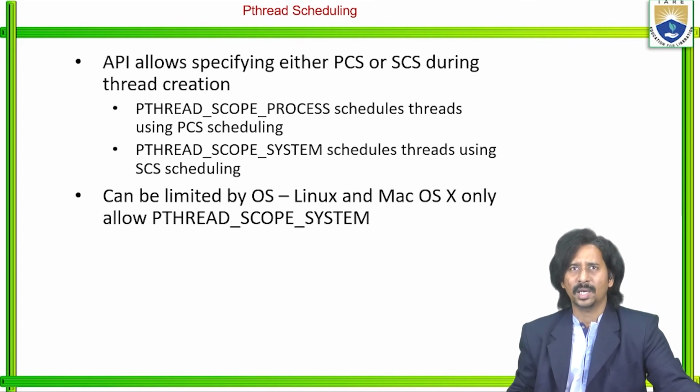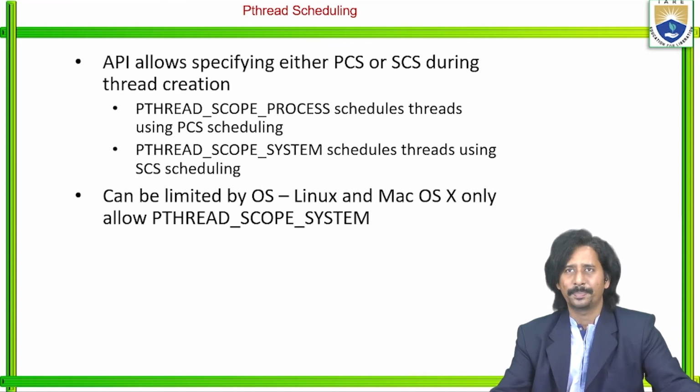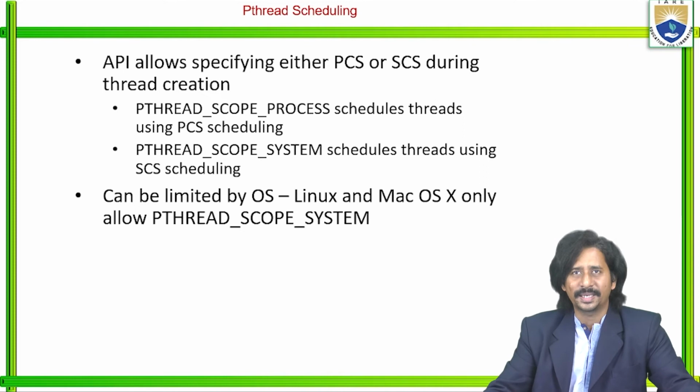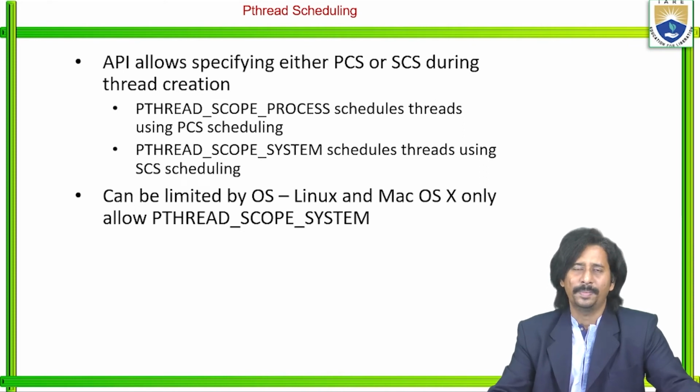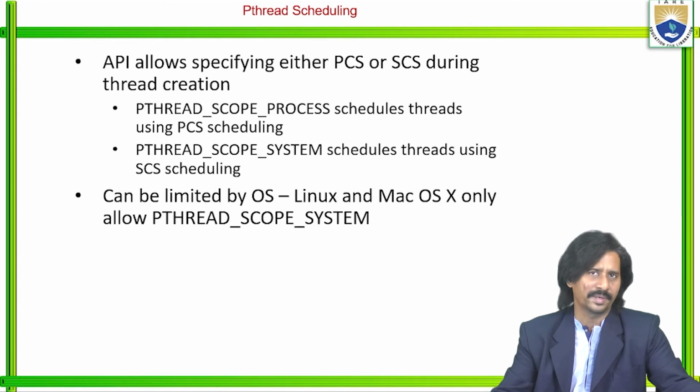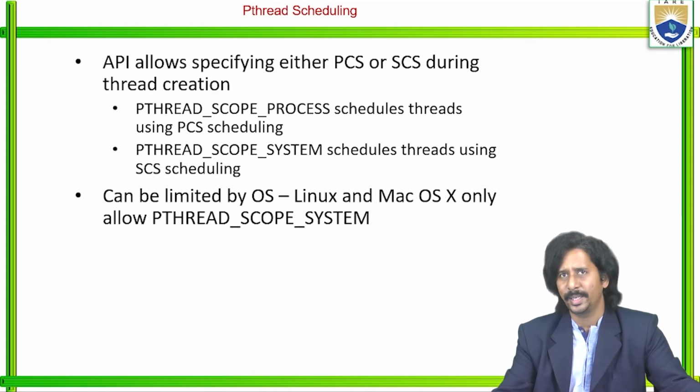The API, the application programming interface, allows specifying either PCS or SCS during thread creation only. By default, Pthread scheduling is generally used in command line user interface operating systems like Unix. Previously we could call it GNU's Pthread, right? So PTHREAD_SCOPE_PROCESS schedules the threads using PCS scheduling.